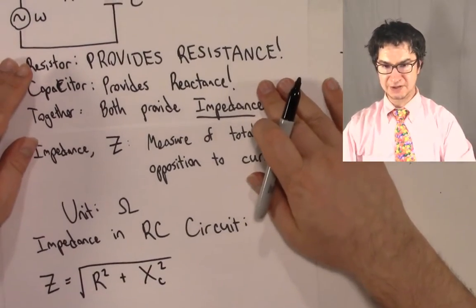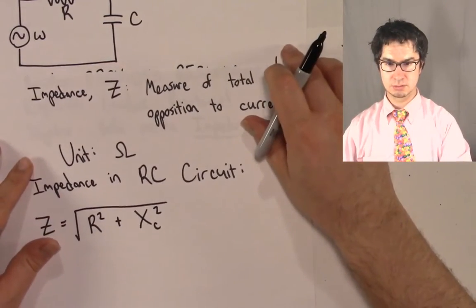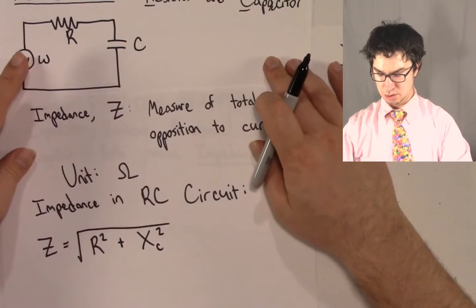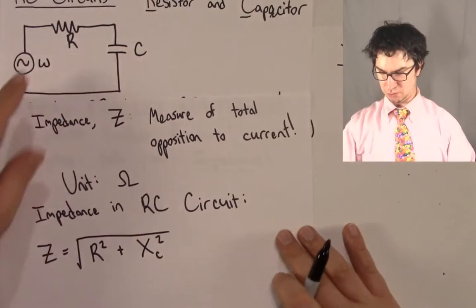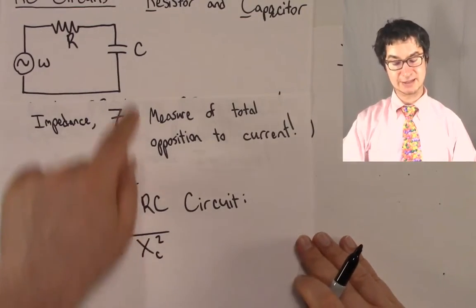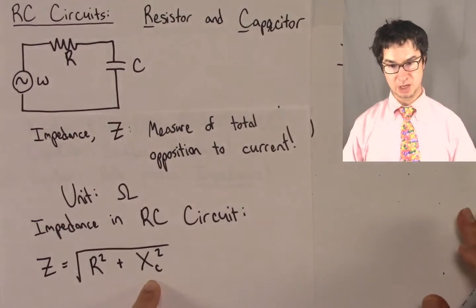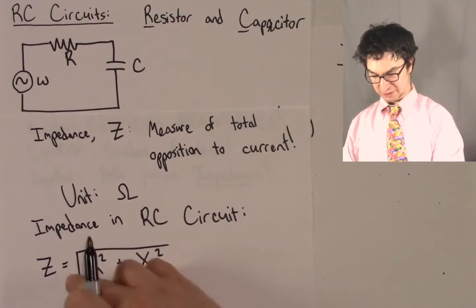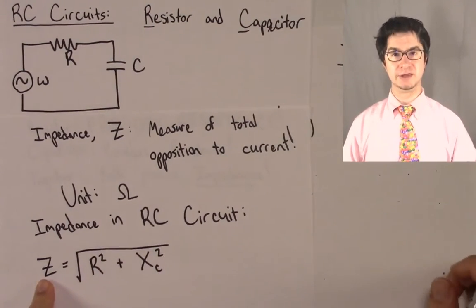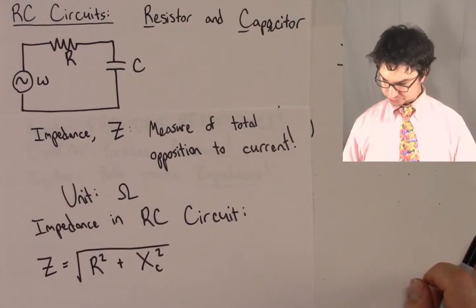So looking back at the diagram, if you were to take the resistance and square it, the capacitive reactance and square it, and then sum those and take the square root, you would get the impedance. All right, so that's pretty cool.